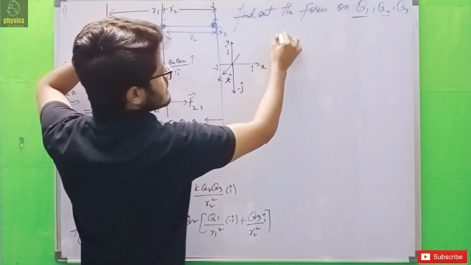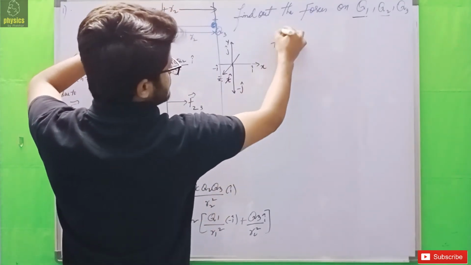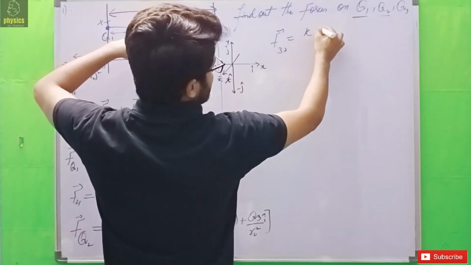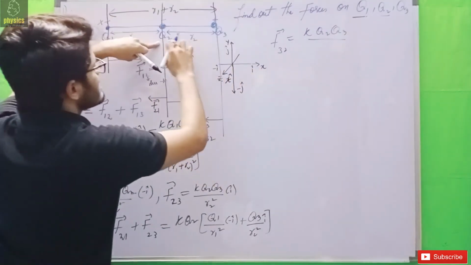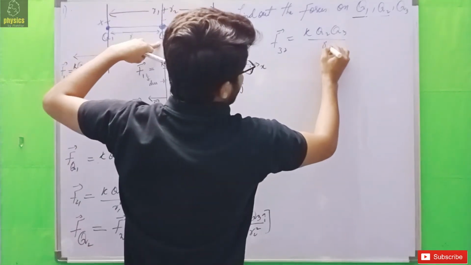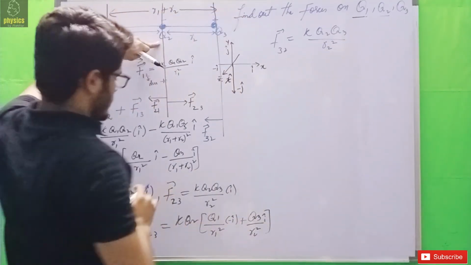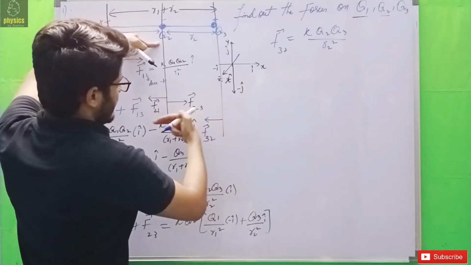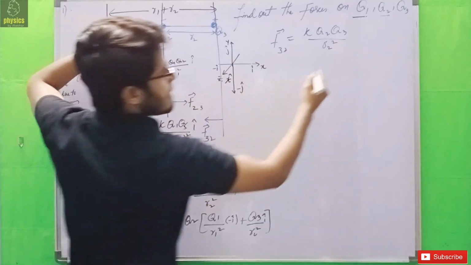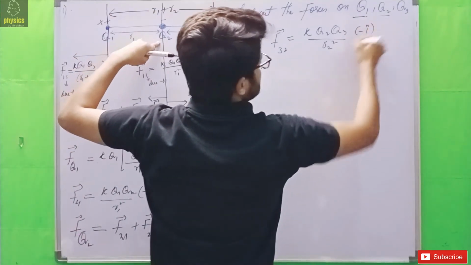So this force F32 will be K Q2 Q3 divided by the distance between them, R2 square. Now the direction of the force is the negative x-axis, which means minus I cap.